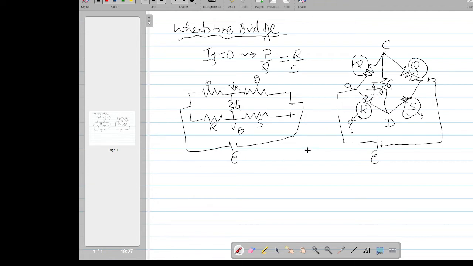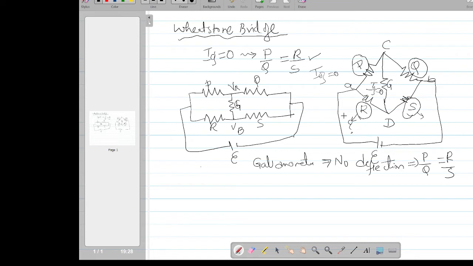Next, the working principle behind the Wheatstone bridge: the bridge must be balanced, so P by Q is equal to R by S. This must hold so that Ig equals 0, meaning the galvanometer shouldn't show any deflection. The no deflection will occur only when P by Q is equal to R by S. This we need to achieve.